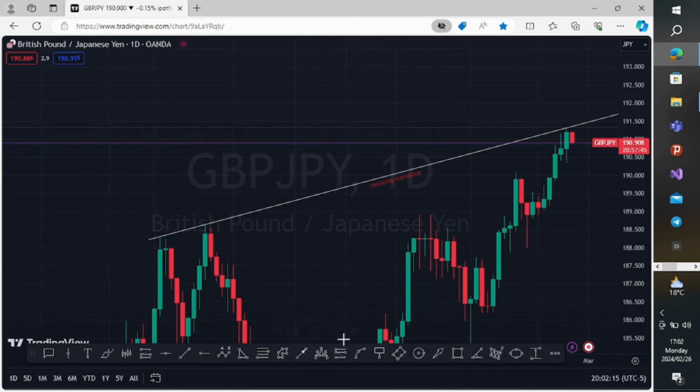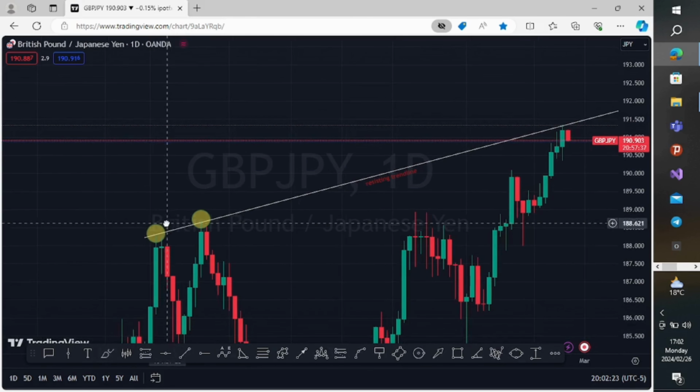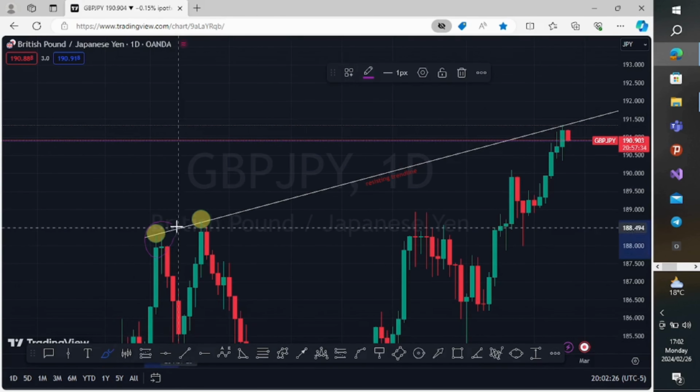So from that point of view, I understood that this is a strong high and this is a strong high. So these two highs are basically two strong highs.